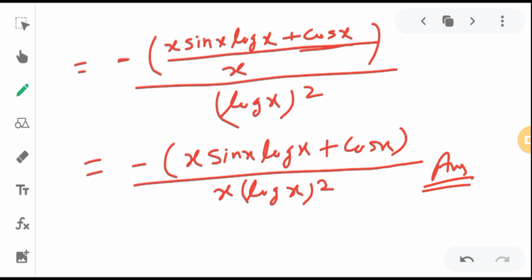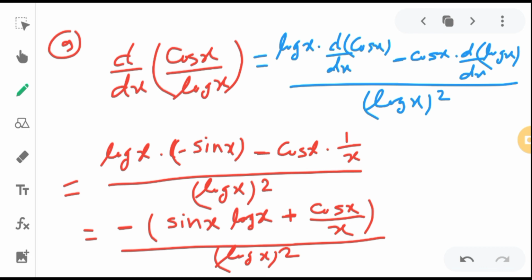So I hope you understood the ninth one. Here also we used the u upon v formula, and then I expanded using it. Then the derivative of cos x is minus sin x, and the derivative of log x is 1 upon x. Then simplification is required, so that we did in this question.